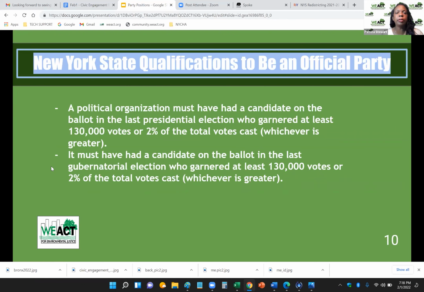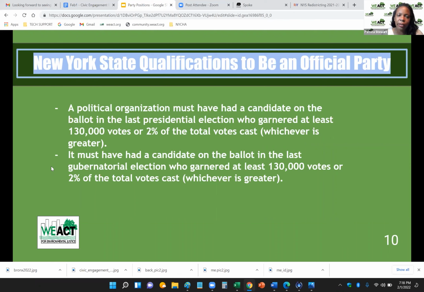So in order to qualify as an official party in New York State, that party has to have a candidate on the ballot in the last presidential election who garnered at least 130,000 votes, or at least 2% of the total votes cast, whichever is greatest.